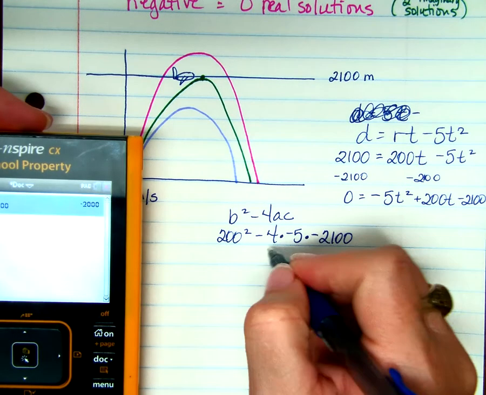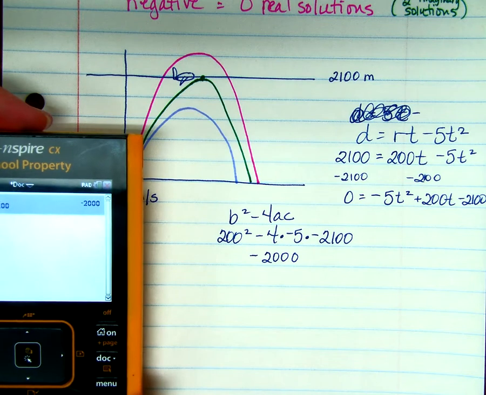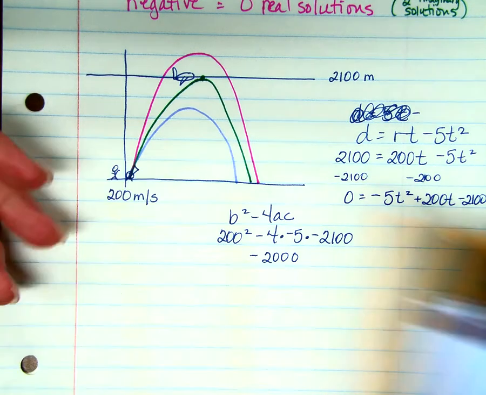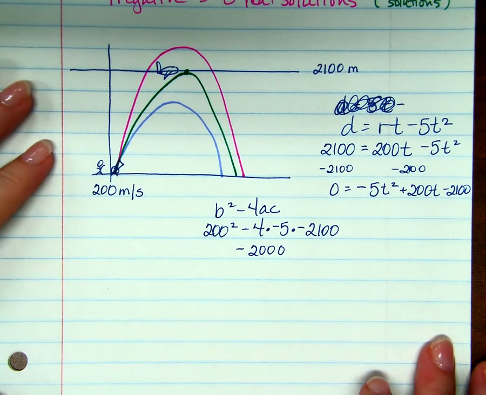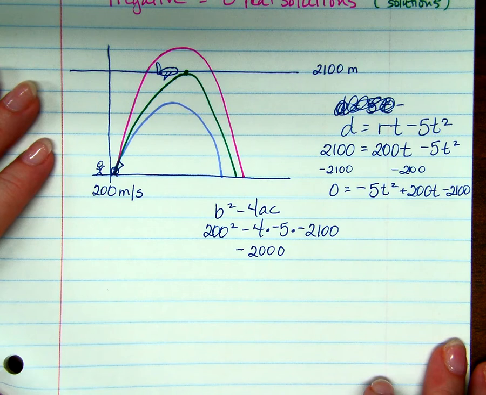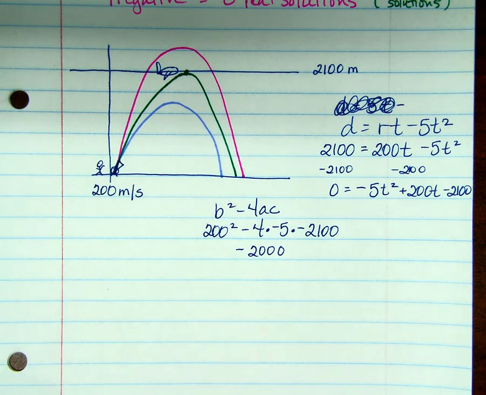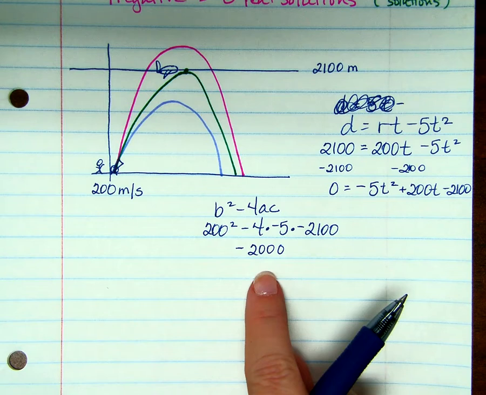So my discriminant is negative 2000. What does that mean? It will not reach because the discriminant is negative, right? Do I care that it's negative 2000? No, I need to know that, right? But what I care is that it's negative.